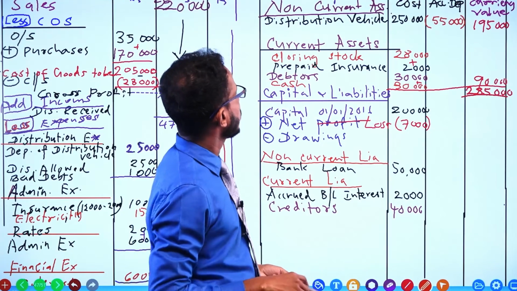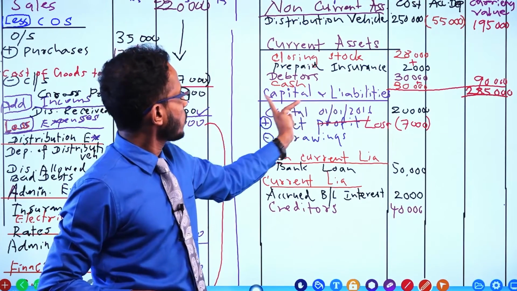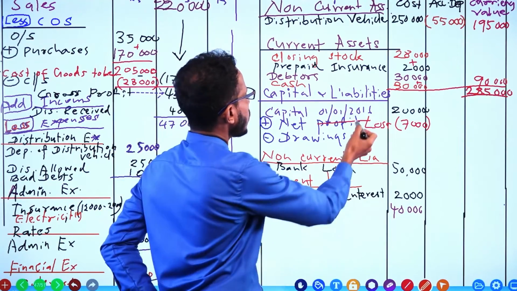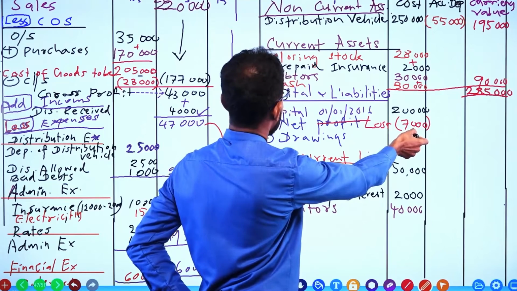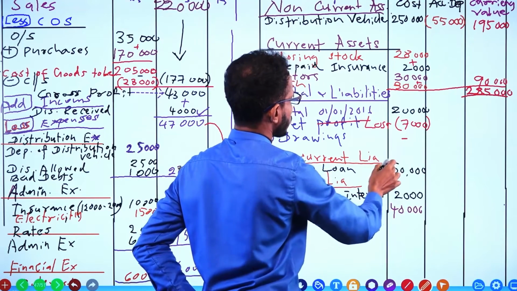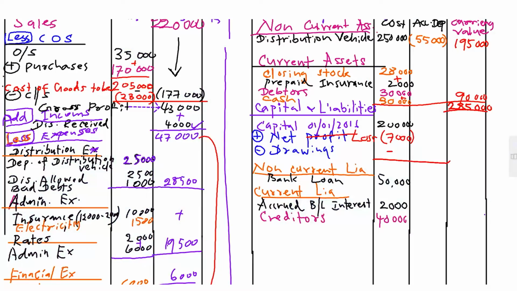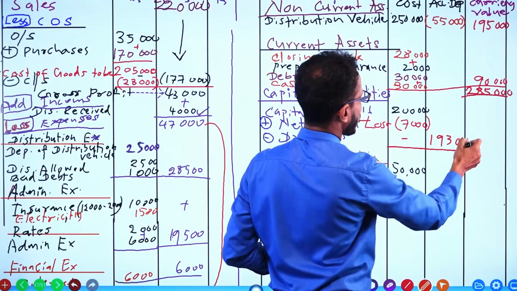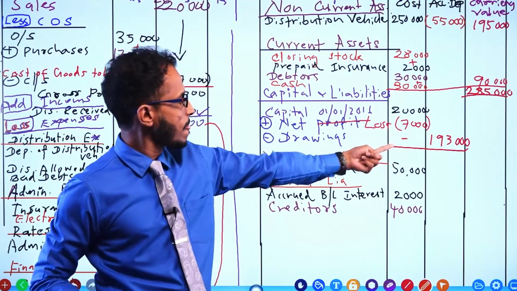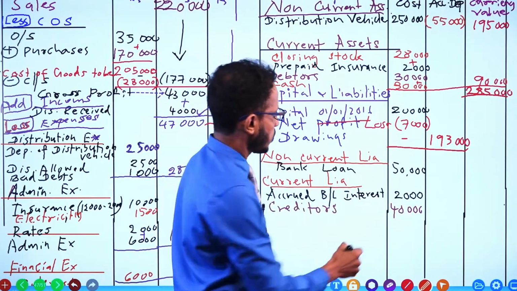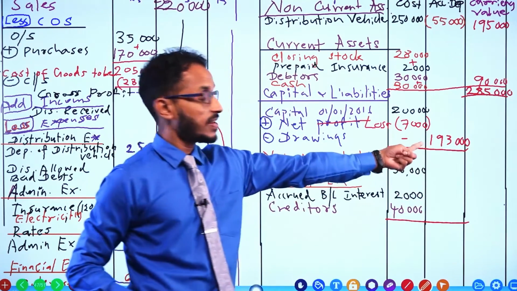Now, let's take the total of capital and liabilities. 200,000 is the capital minus 7,000. No drawings. 200,000 minus 7,000, 193,000. From 193,000, you should get the total of liabilities and add it to that.